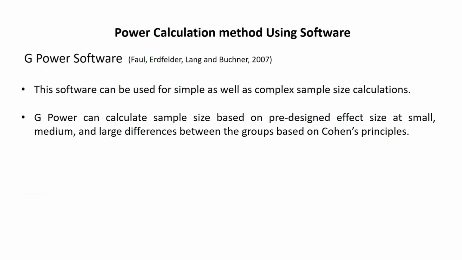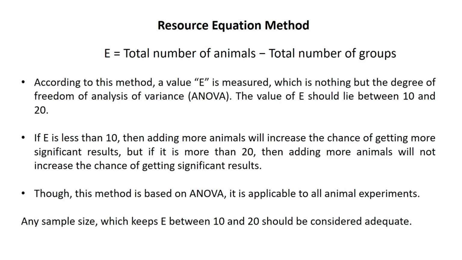Less than 5 is not sufficient as per the resource equation method. And to get the significant result, the adequate result, or the effective result, we have to go more than 5 or at least 5.